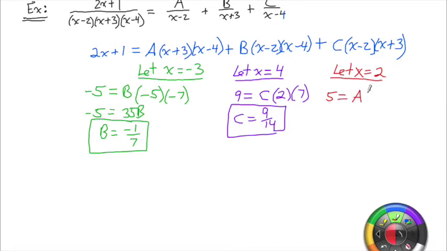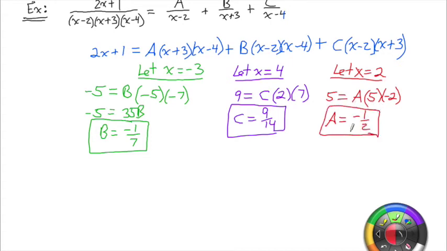And then if I plug in the 2 for the x, I'm going to get 2 plus 3 is 5, and 2 minus 4 is -2. So this will be 5 and -2. So that's -10, and if I divide it across, I'm going to get a equals -1/2.